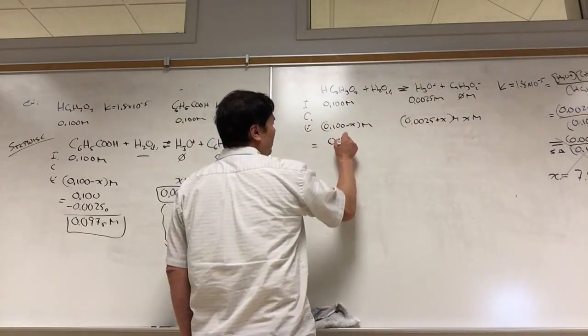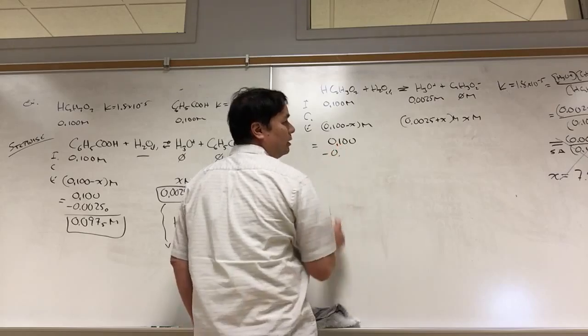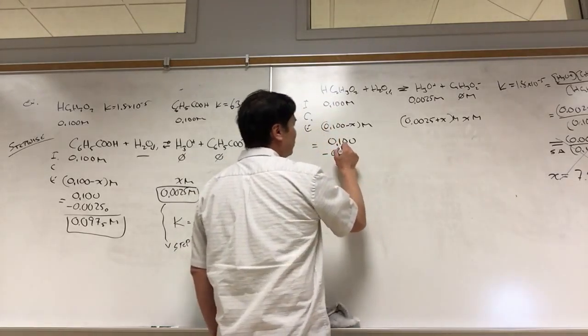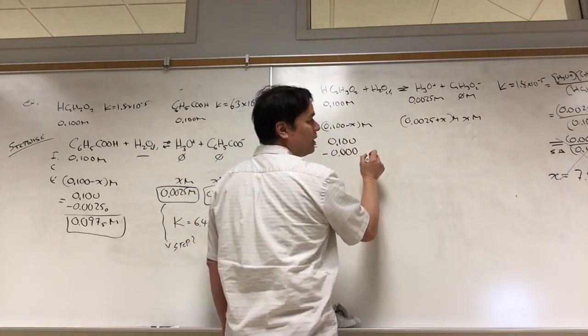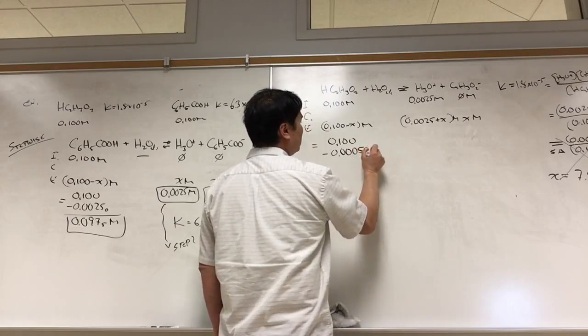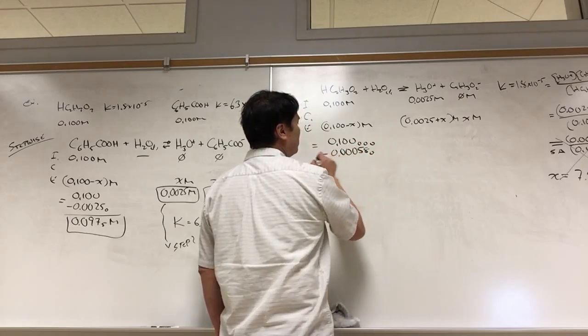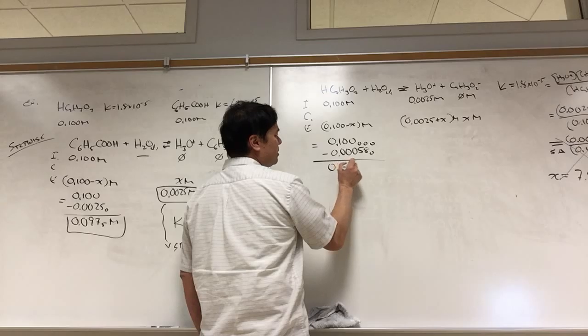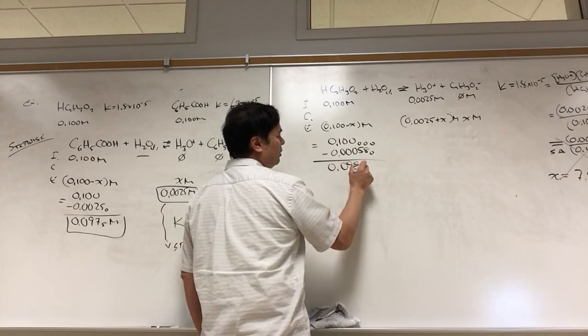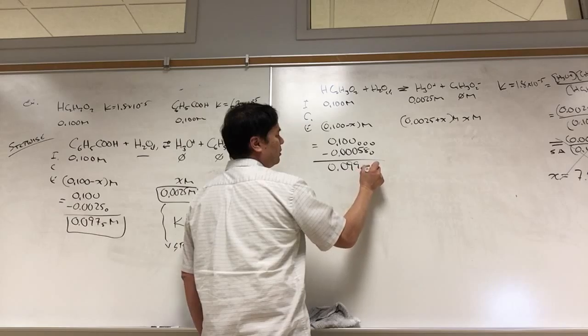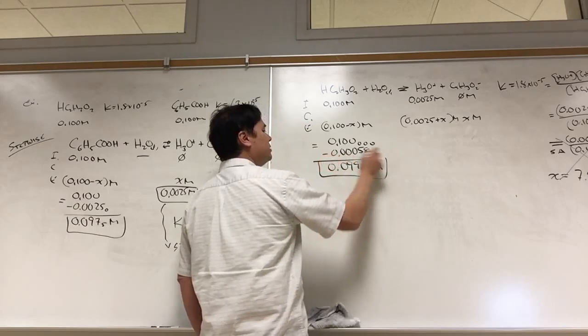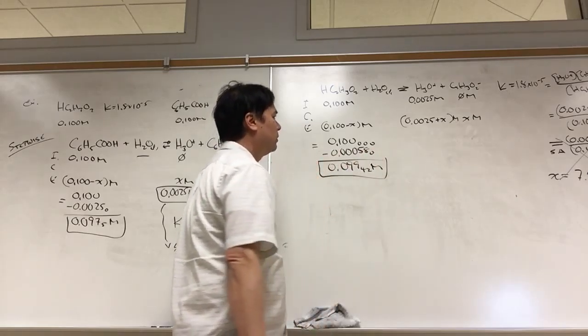Okay, so let's try this here. This is going to be 0.100 minus, times 10 to the negative 4 means I need 3 zeros and a 5/8. So 0, 0, 0. This is going to give me 0.09942 molar.